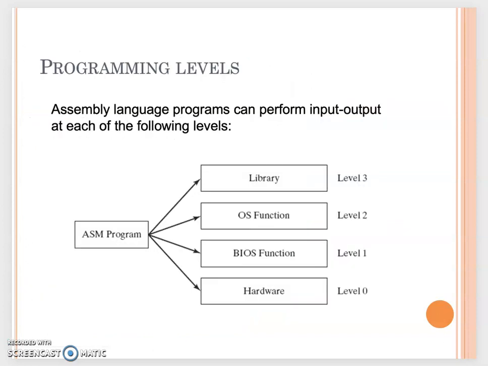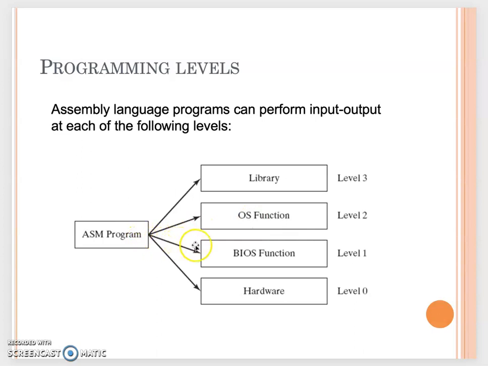But actually, for all the levels we showed you earlier, assembly language plays an important role in each one. Assembly language performs input-output at each of these levels. Your library from C++ needs to be interpreted into assembly language so it can communicate with the operating system function.